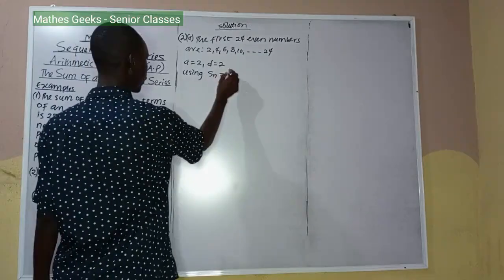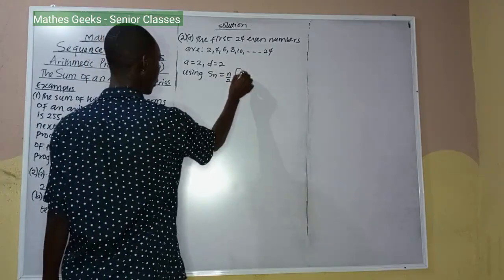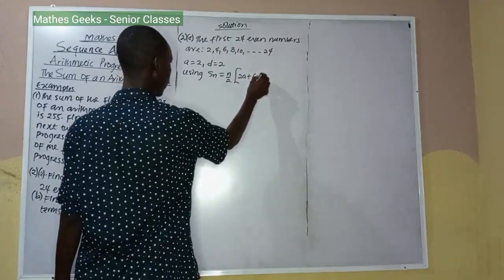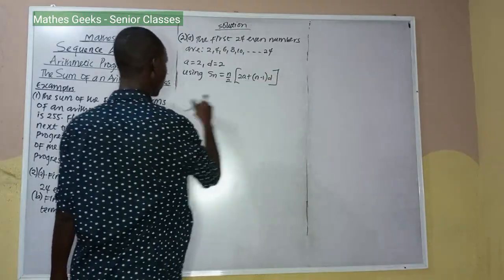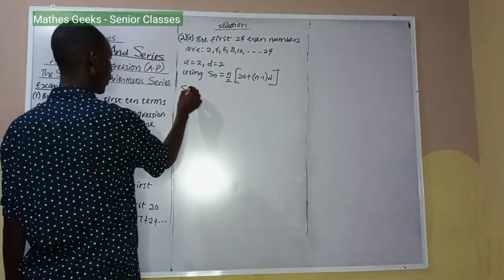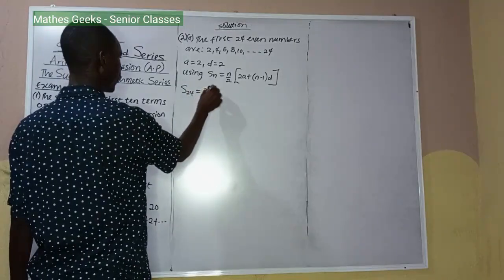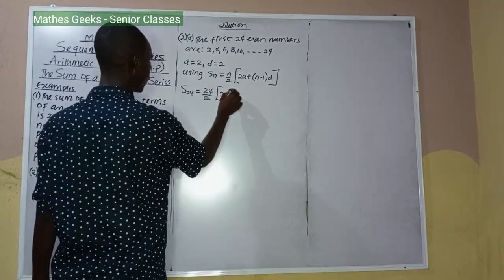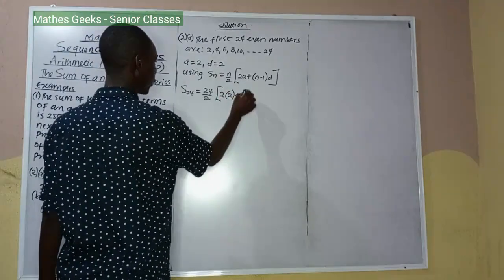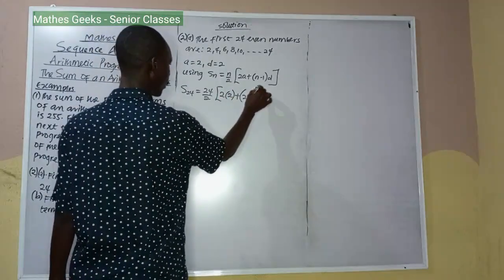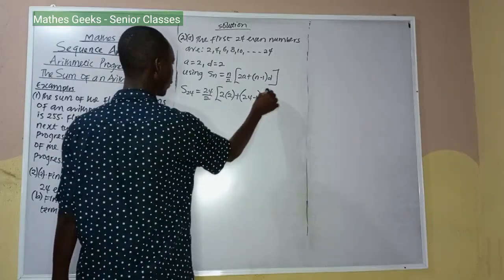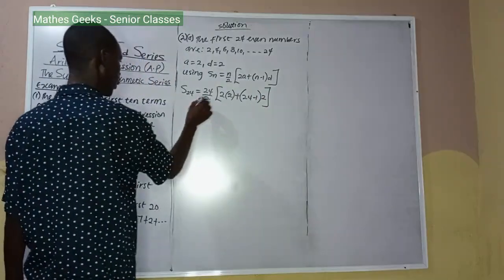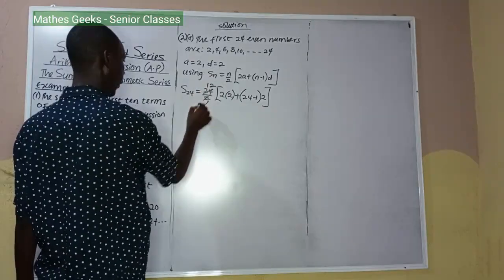So for the first 24, S24 is equal to 24 divided by 2 times (2 times 2 plus (24 minus 1) times the common difference 2). 2 here 1, 2 here 12.